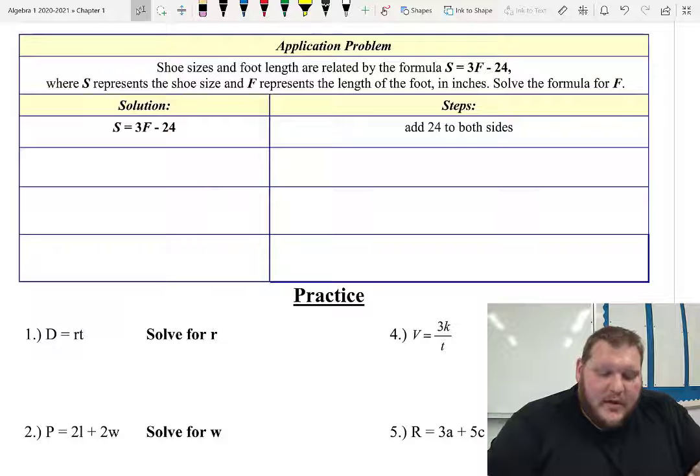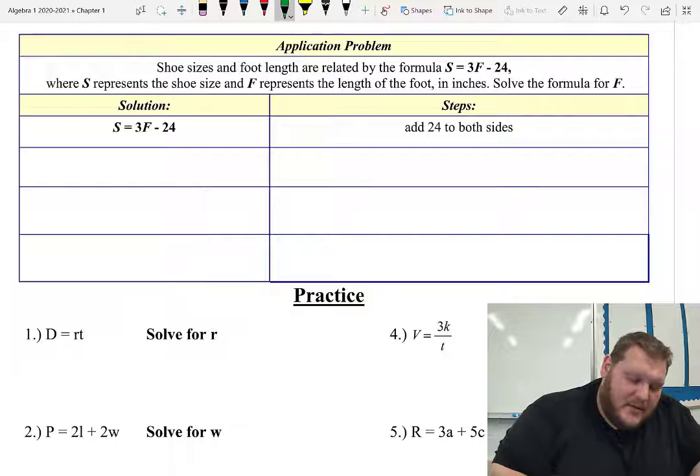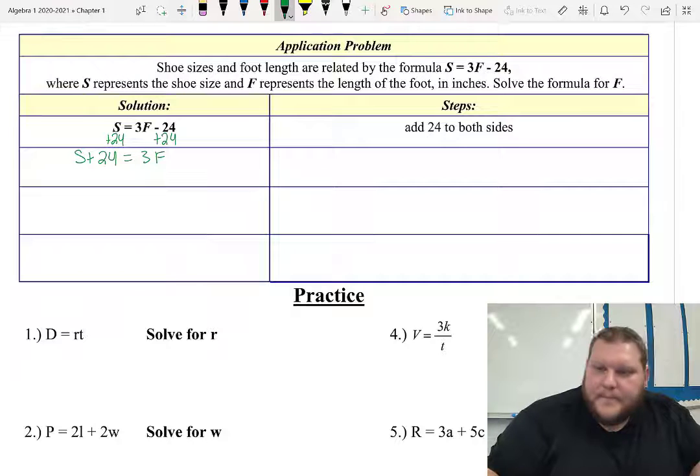So in this one, first things first, since we're trying to solve for F, my first step is going to be adding 24 to both sides. That gives me S plus 24 equals 3F, because those cancel out right there.